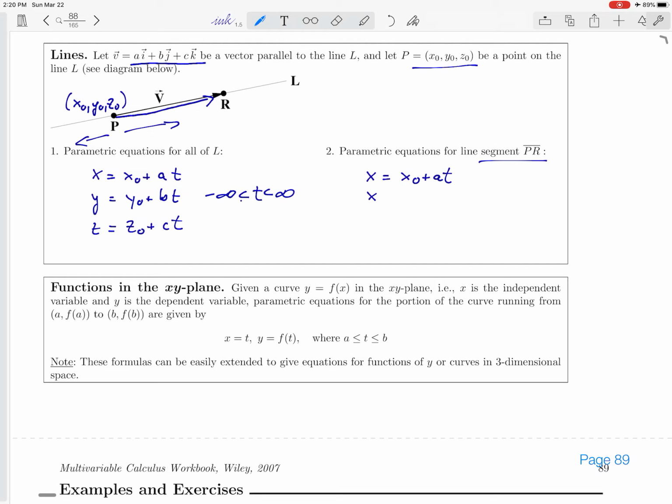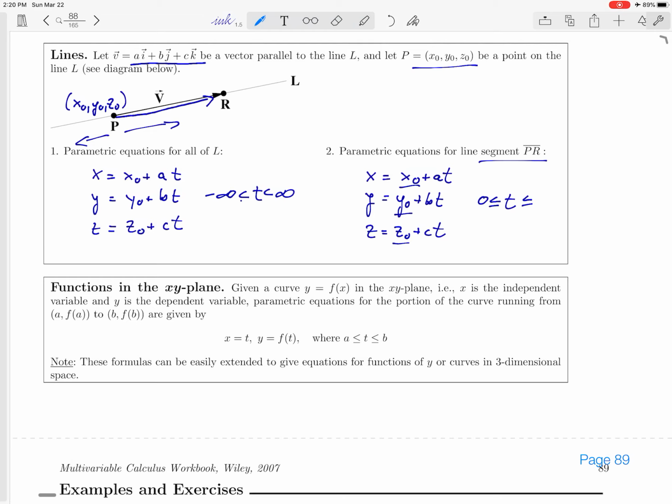So we still have x is equal to x0 plus at, y is equal to y0 plus bt, and z is equal to z0 plus ct. But since we only want to go from the point P to the point R, we are starting at the value t equals 0. And you can see if we plug in t equals 0, we would just get x0, y0, z0. And then we are stopping when we've arrived at R.